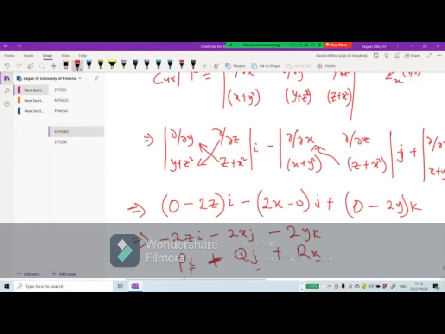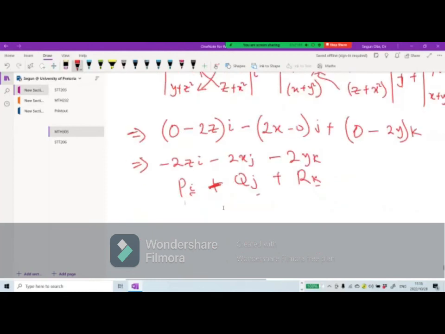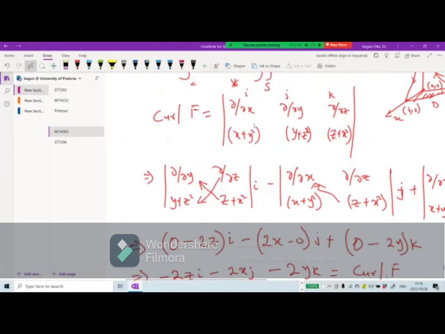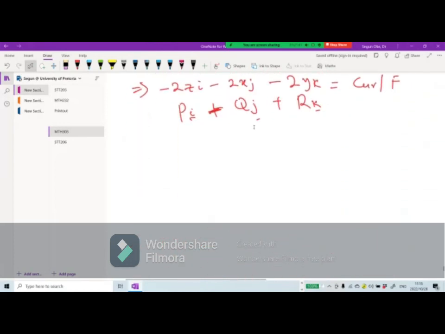You discover that the way it is will be the way you are going to use it. So this particular one is our curl F. Anytime they ask you to find the curl of a particular thing, you have to use the determinant matrix to solve it.